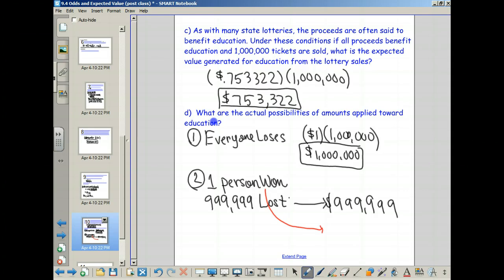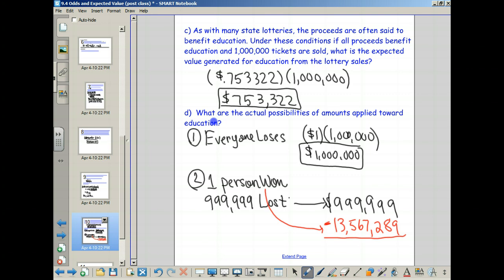And then our one person who won, they paid $1 to play, but what? They won 13,000. Not 13,000, 13 million. They won 13 million. 567,289 because they paid $1 to play, dollars. And this is negative. It's actually why I did red.